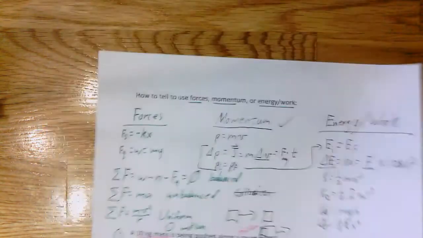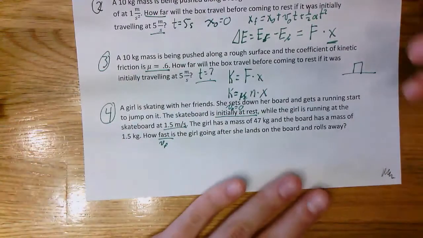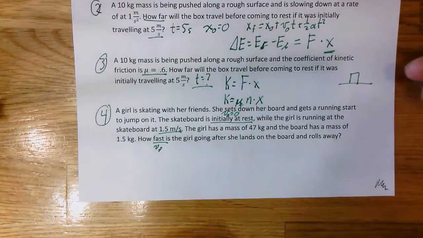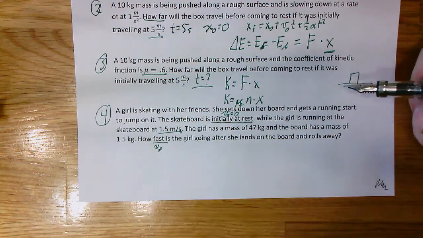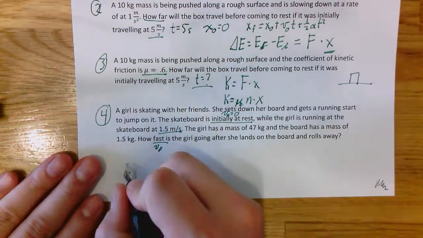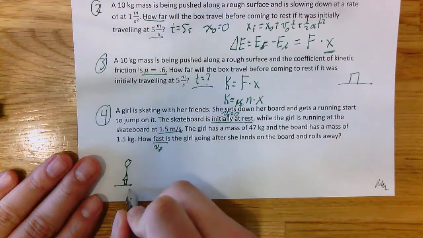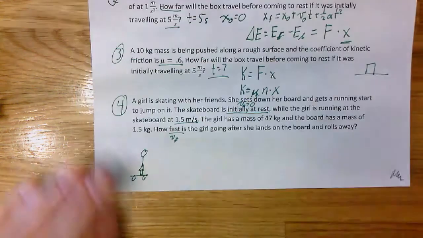Okay. So for this one, you want to ask yourself, is your system open or closed? So you say, all right, are there outside forces? Well, they didn't tell us anything about friction. I'm going to say my system is the lady and her skateboard. Okay.